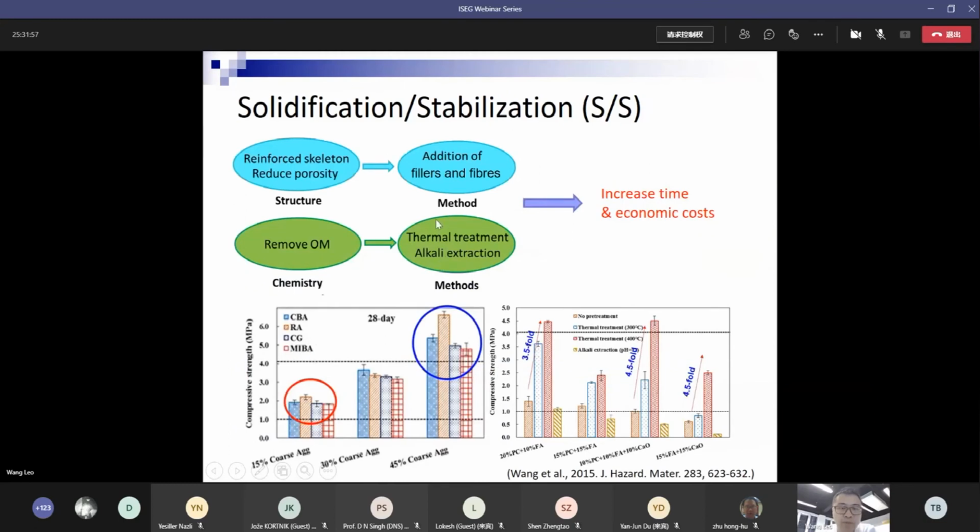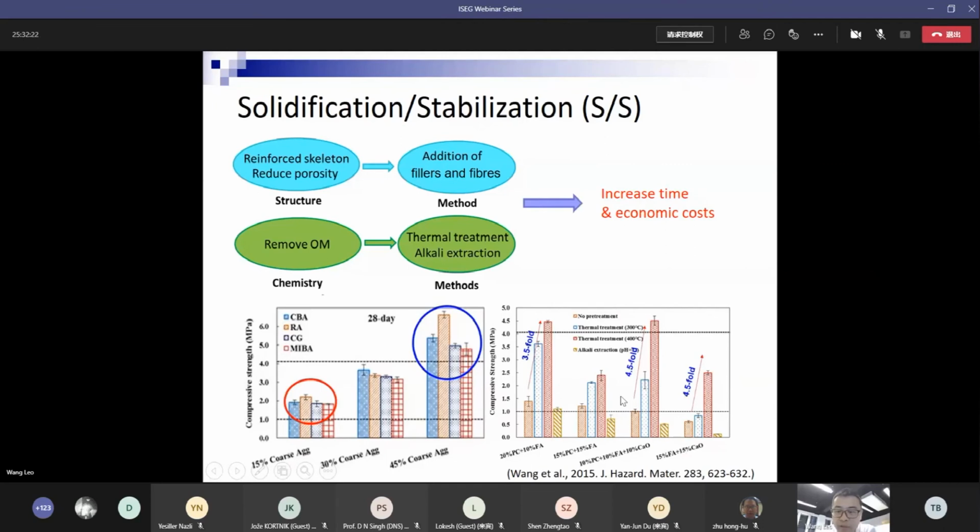In our previous study, we tried to add some filler and fibers to reinforce the skeleton of the structure. It can increase the compressive strength by 3 times. And we also used thermal treatment and alkaline extraction to remove the organic matter to improve the property.